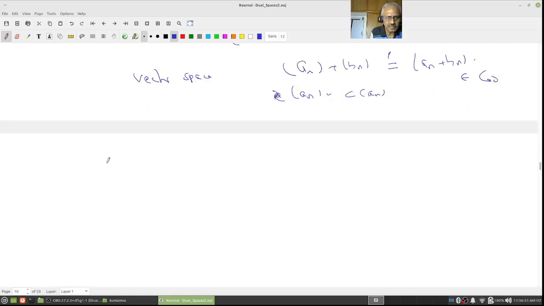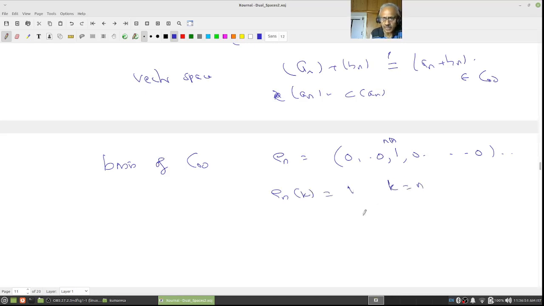Now suppose f is a linear map. Notice that there is a basis for this. The basis for C00 is e_n, where e_n is 0, 0, 1 at the nth place, and 0 before, and 0 everywhere after that. That is, e_n's kth element is 1 if k equals n, or 0 otherwise.